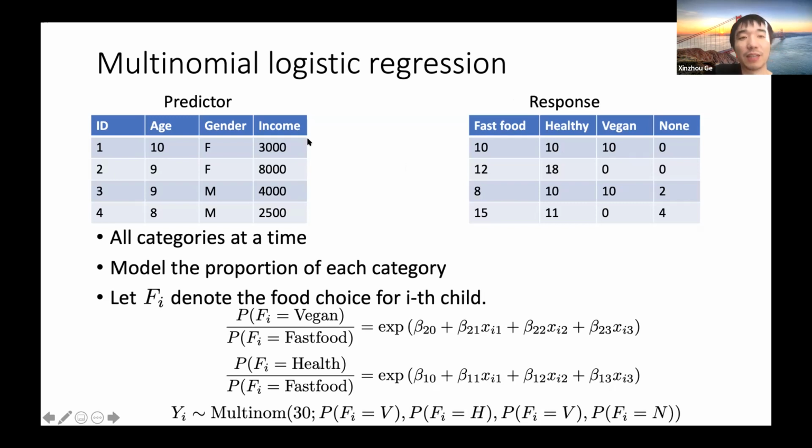And we can, for example, calculate the p-value for each covariate by doing a likelihood ratio test or Wald test. So this is an advantage of the multinomial logistic regression. It can look at all the categories at the same time and make a more general conclusion. So that's the difference between these two models.